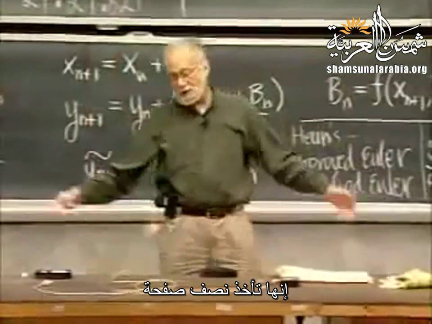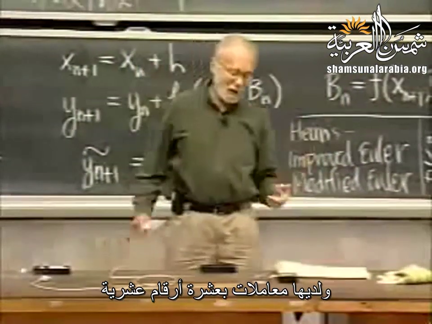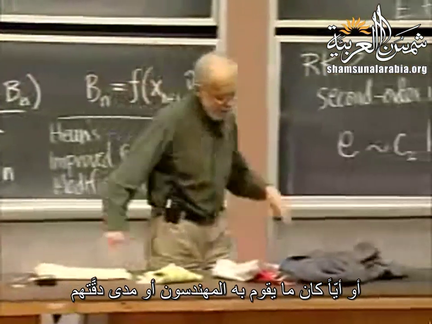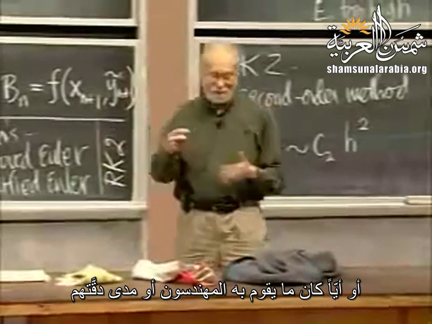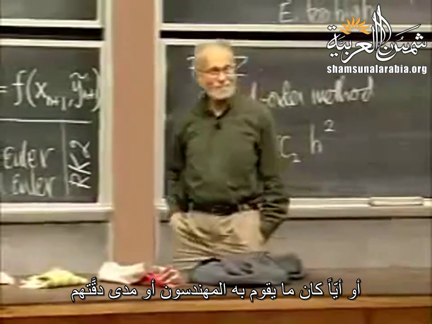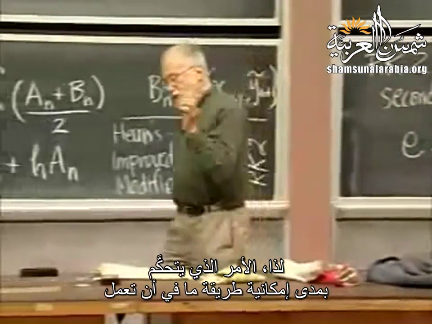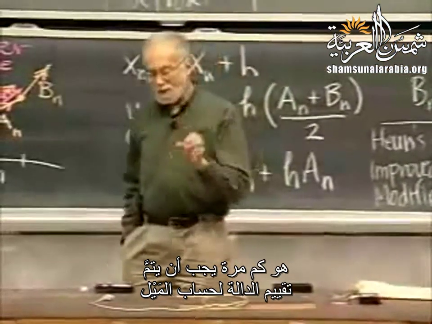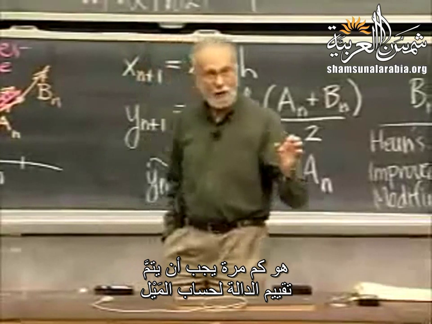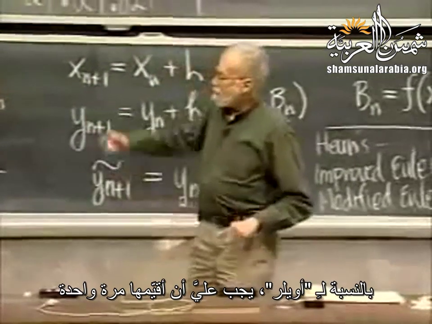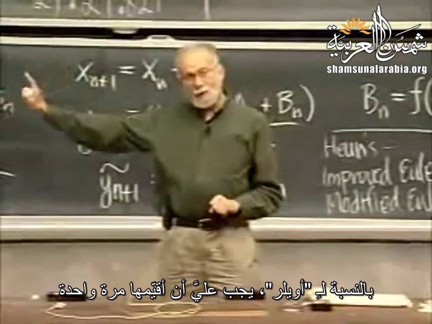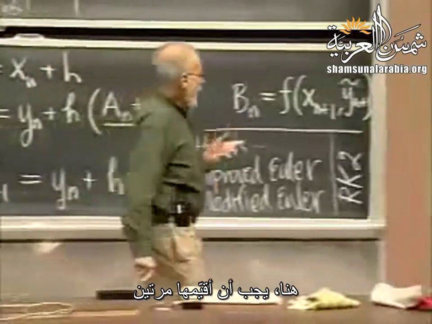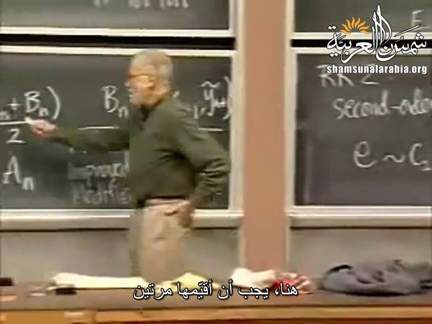They take half a page and have coefficients with 10 decimal place numbers, whatever accuracy the engineers had. So the thing that controls how long a method runs is how many times the slope, the function, must be evaluated. For Euler, I only have to evaluate it once. Here I have to evaluate it twice.